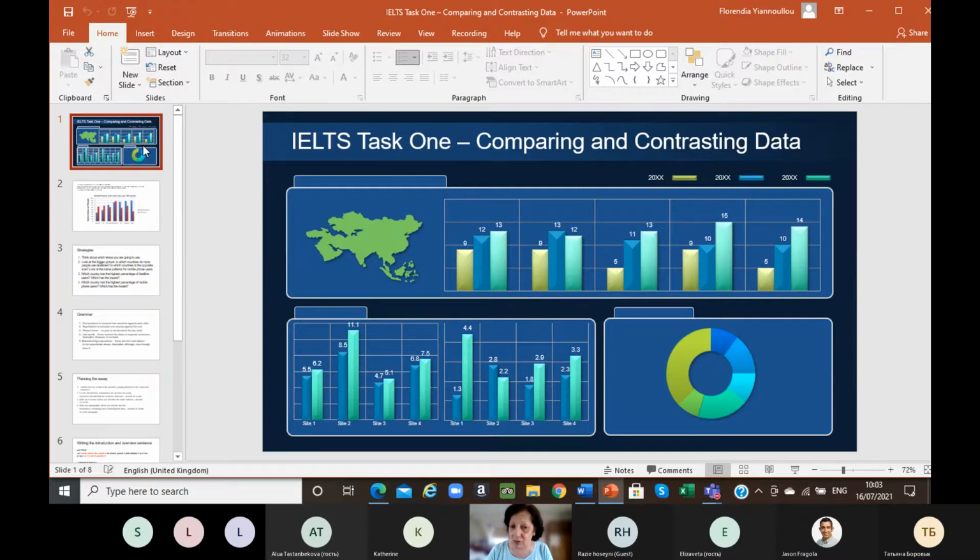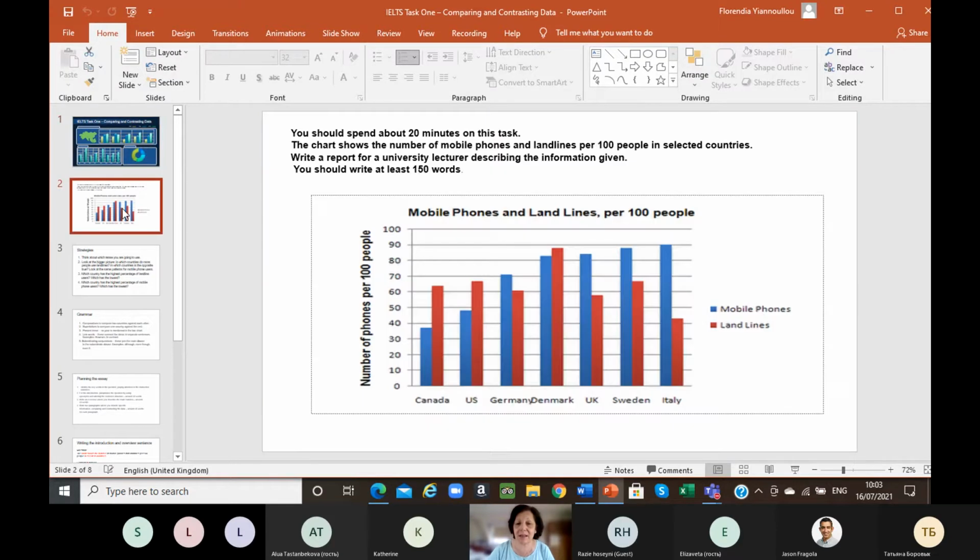Some of you may choose to do degrees where you compare and contrast data. Now, in this essay, you are not putting opinion. You literally are describing what you see. The second essay, you are expressing an opinion. But again, for today's lesson, we're focusing on the first essay, where you are comparing and contrasting data.